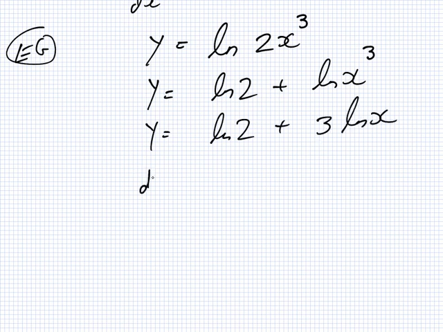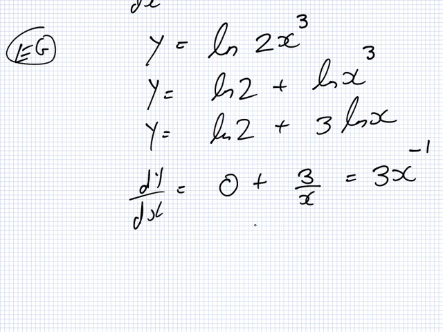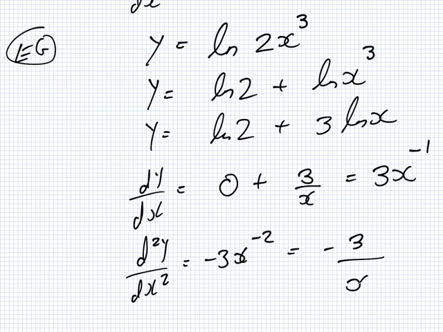So that means dy/dx equals 0 plus 3 over x, or in other words, 3x to the minus 1. So the second derivative will be minus 3x to the minus 2, which is minus 3 over x squared.